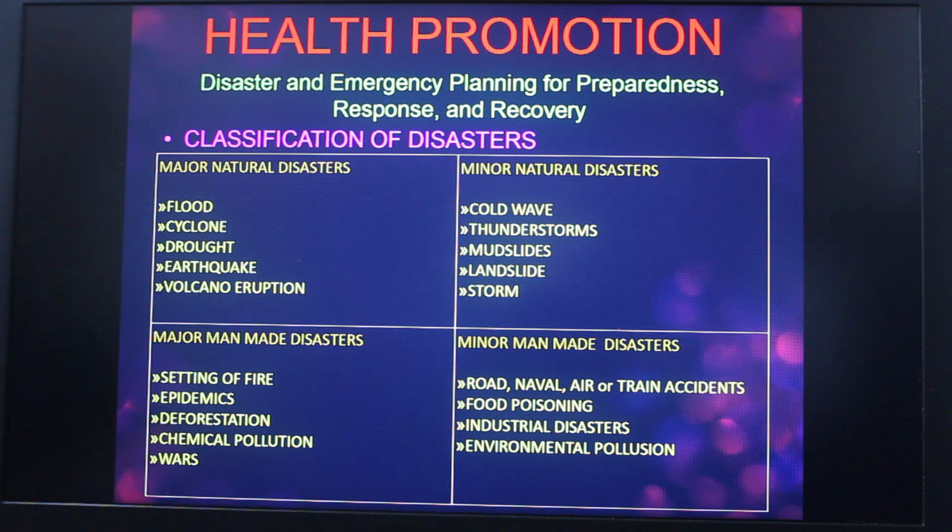And if we remember that the lungs of our earth are the forests, deforestation will be bringing too much burden on our planet for sure. We have chemical pollution, and unfortunately the United States has not signed the Kyoto Treaty for not polluting the earth, and some countries did. But chemical pollution is one of the major issues today in terms of polluting our planet.